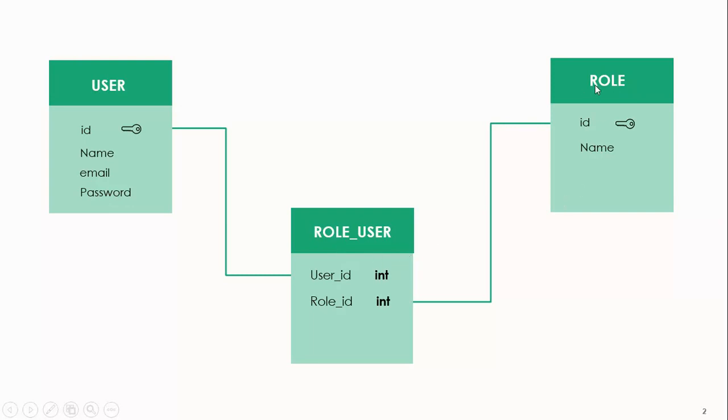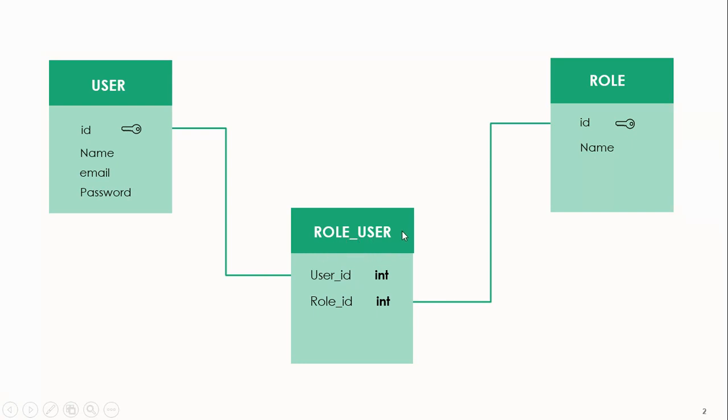That's why we have R in role, which comes before U, and that's why we have role underscore user. That is a convention in Laravel, because Eloquent will assume that the pivot table is named with the related models in alphabetical order: role, user.